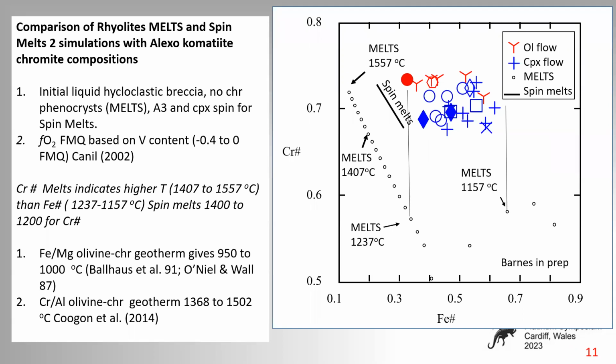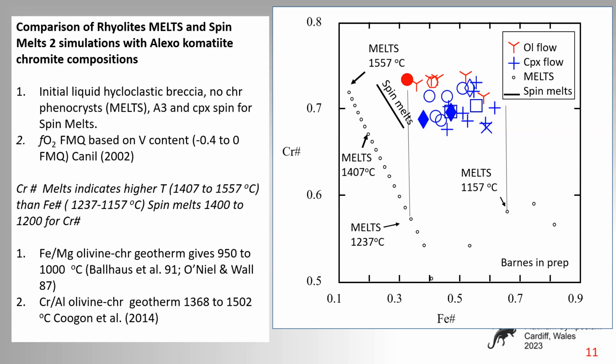And blue is a clinopyroxene flow, which would have formed at a slightly lower temperature. And then I took the hyaloclastite, the pure glass with no chromite inclusions at all, as a starting liquid.